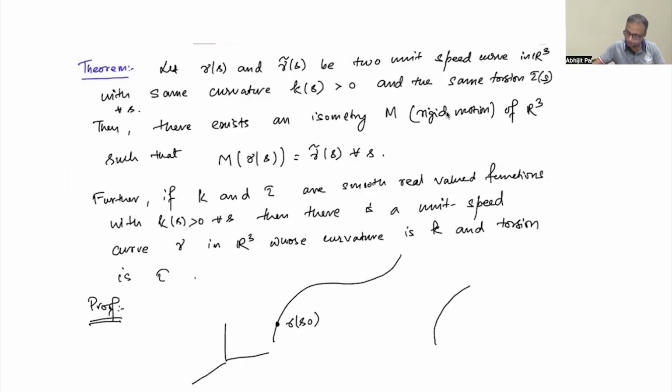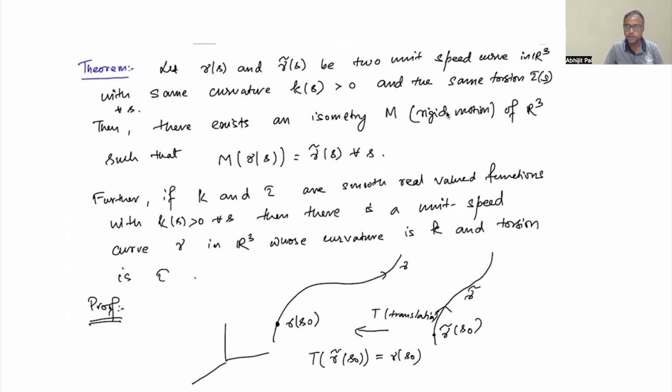And you have another curve, my gamma tilde, and this is my point gamma tilde(s0). Now you can apply a translation T, which is an isometry, such that T of gamma tilde(s0) is equal to gamma(s0). Okay, all right.